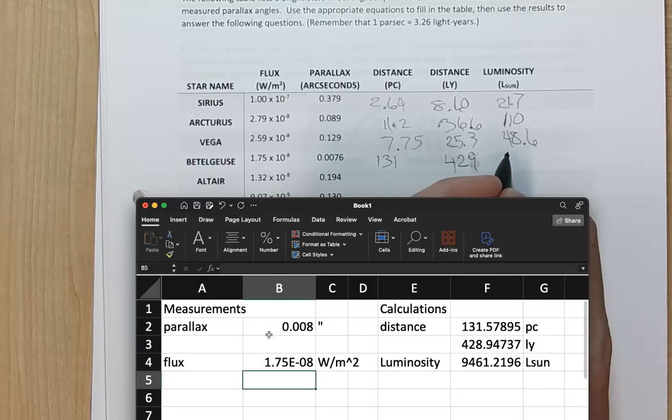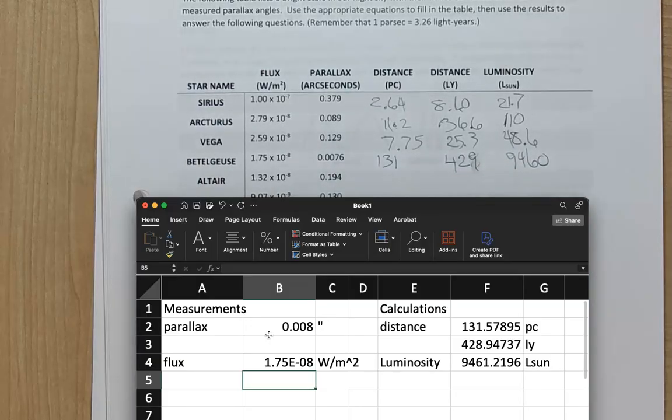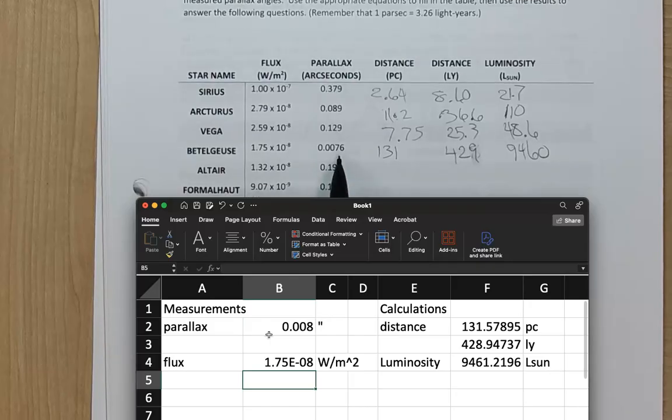And it has a luminosity of 9,460 solar luminosities, if we round to 3 significant digits. I guess it's a 2, right? We should probably round to 2 significant digits. Oh well, yeah, it's fine.